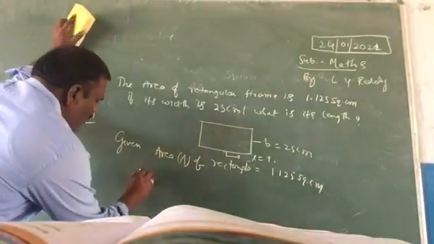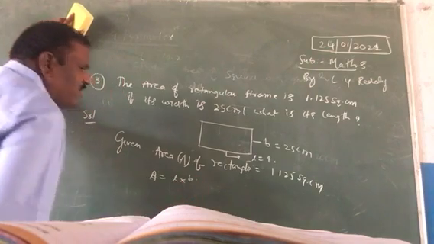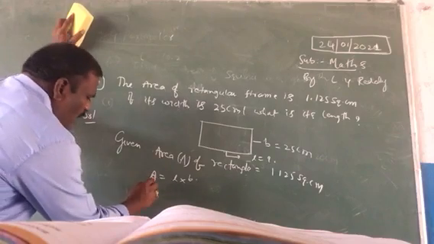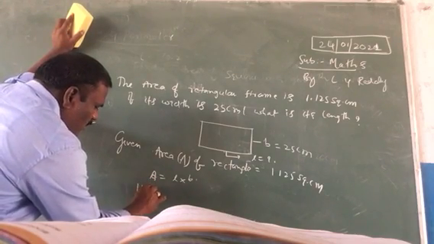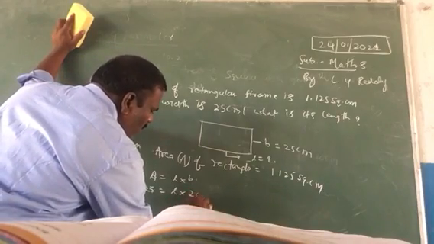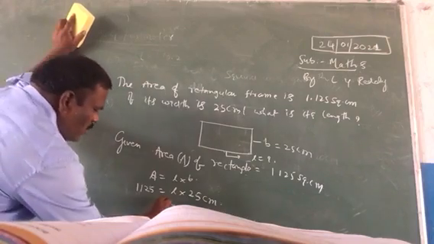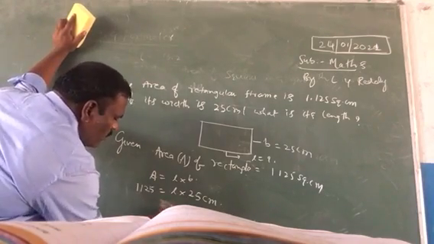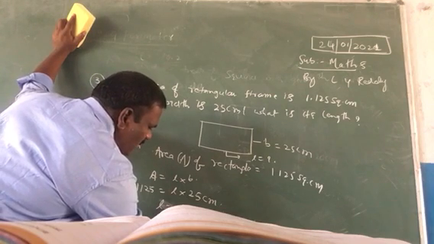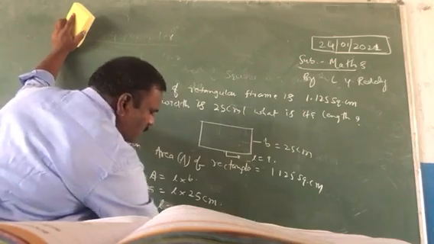So now very clear. Area equals L cross B. The area of the rectangle equals L into B. Now the area given here is 1125, so 1125 equals L into B, and B here is 25 centimeters. Now L equals 1125 square centimeters divided by 25 centimeters.